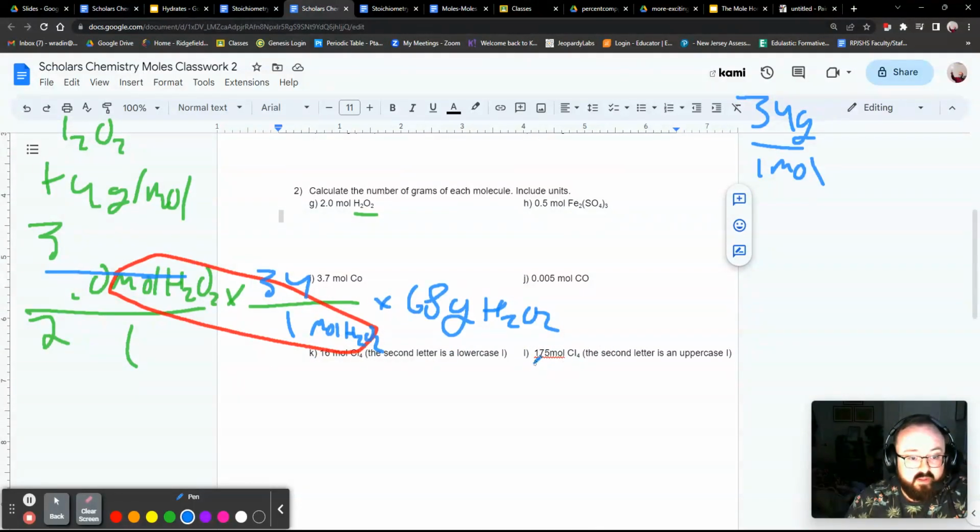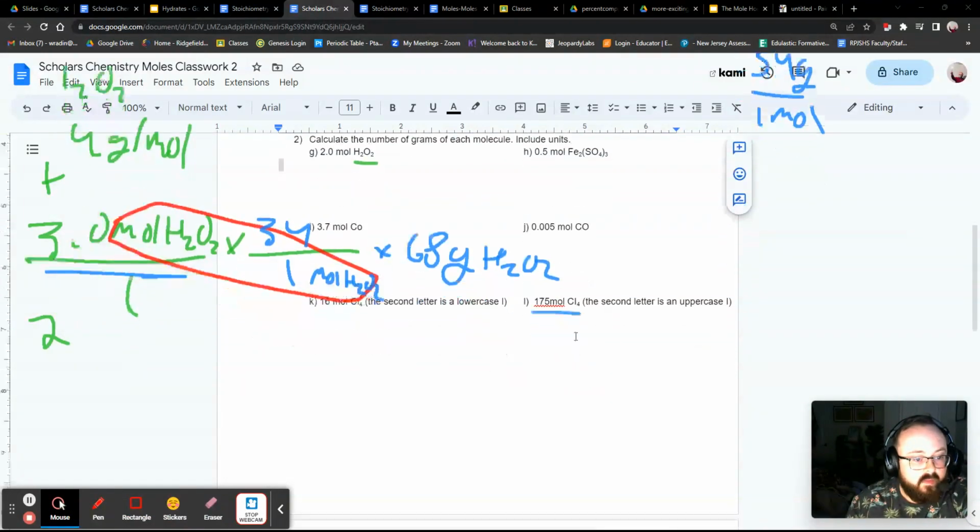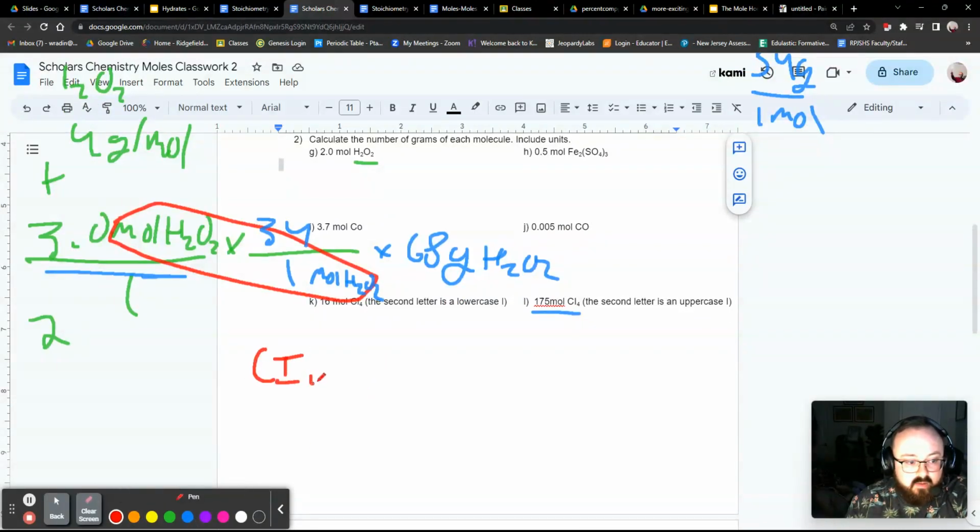So I have 175 moles of CI4. That would be carbon tetraiodide. I'm too lazy to look up the molar mass, I apologize. So don't be scared by big numbers either. Let's just say the molar mass of CI4 is 519.6 grams per mole.